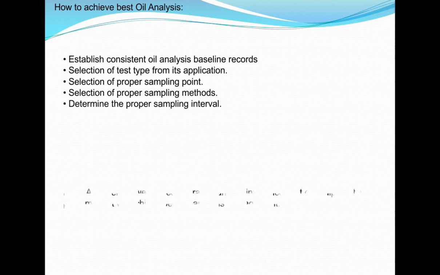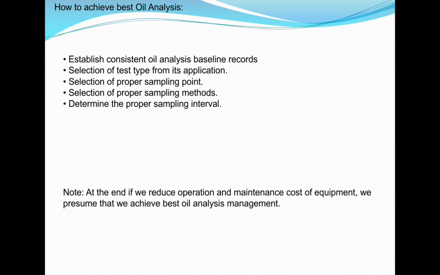Sampling interval plays a very vital role, because equipment to equipment, where the heat is more, where the contamination is more, where the environmental condition is bad, there you have to select the proper sampling interval. That's why sampling interval plays a vital role.